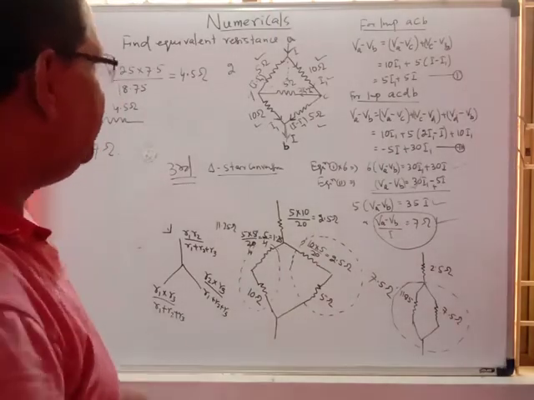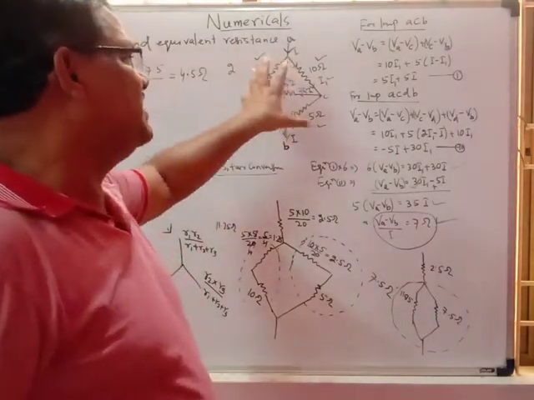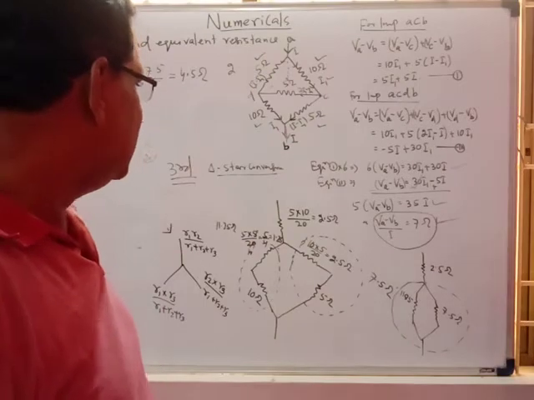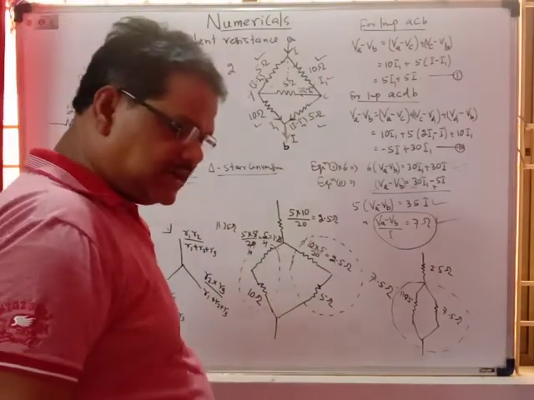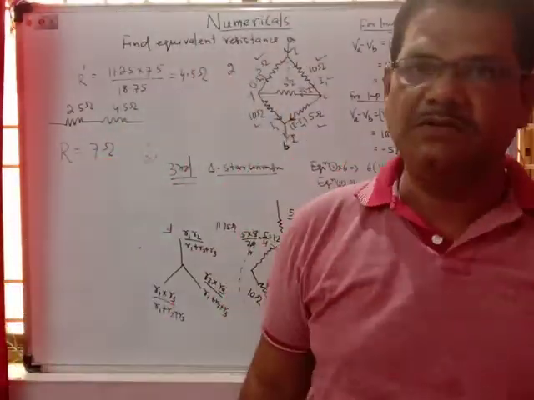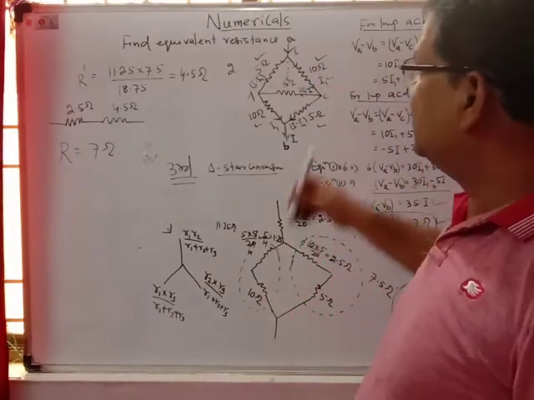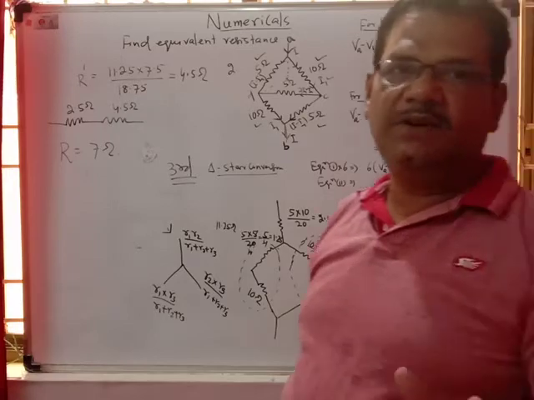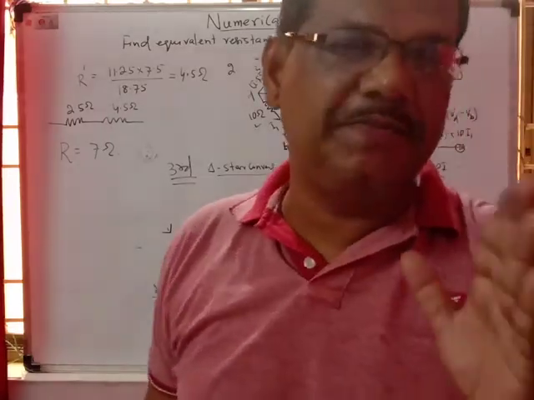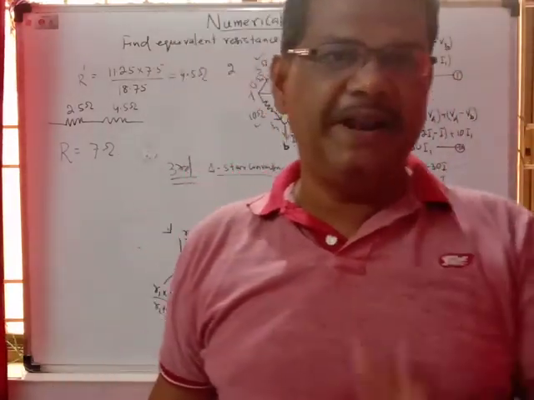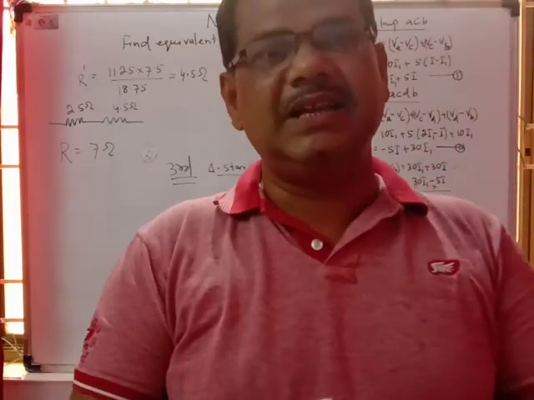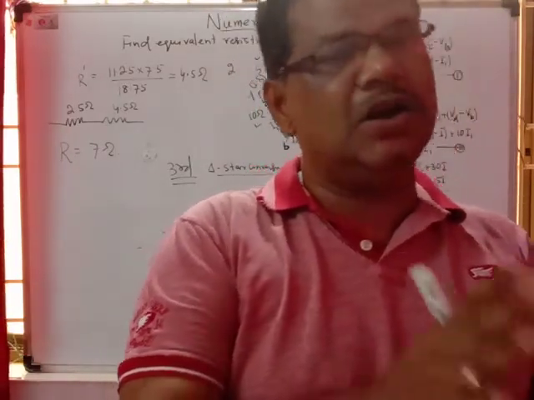So if you do not want to apply KCL or KVL, then you can directly apply star delta conversion and calculate the equivalent resistance in these cases. It's very interesting. Whenever you are finding Wheatstone's bridge condition, first look at whether it is in balanced condition or not.